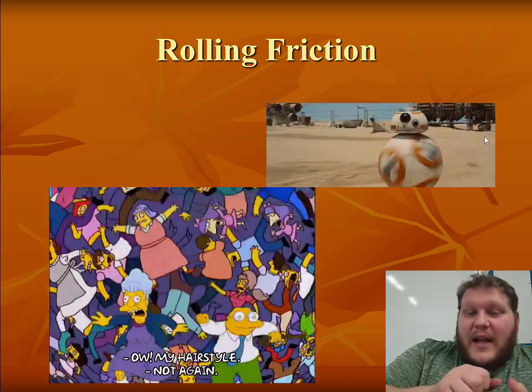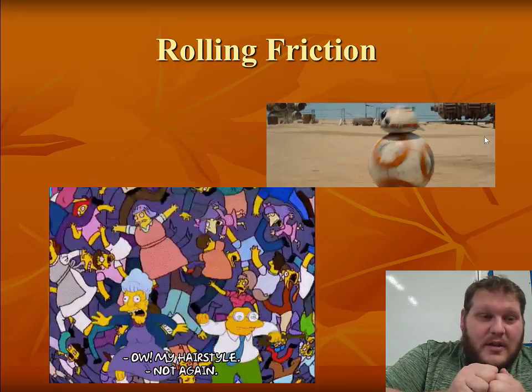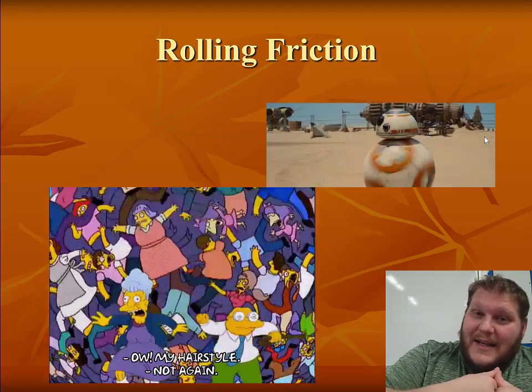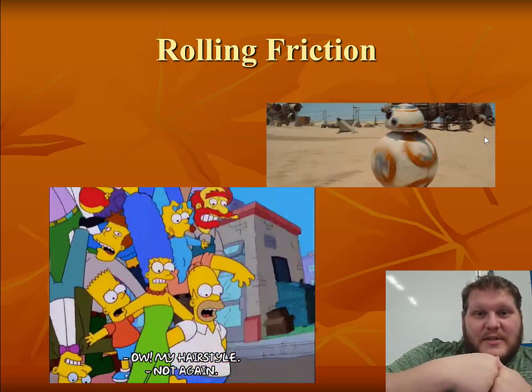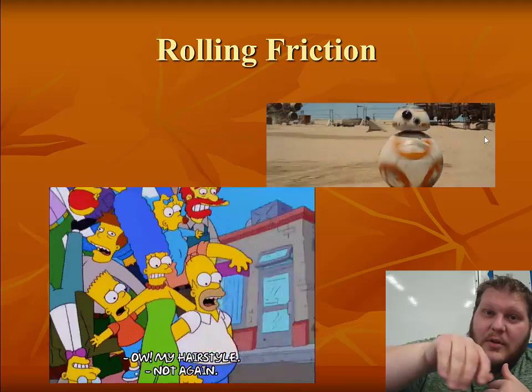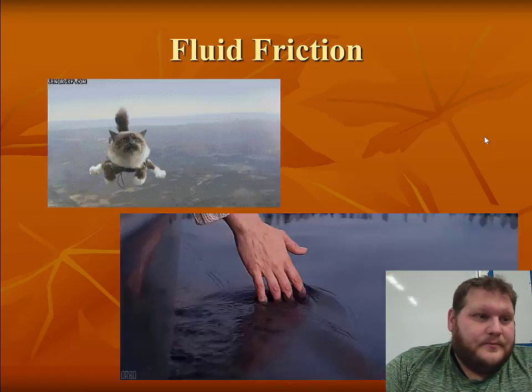But there is still a little bit of that attraction for those atoms to want to stay together, especially if they have any kind of opposite charges, to want to stay in contact with each other. So there's a little bit of resistance as the object meets that point on the ground, and as it starts to pull away, there's a little bit of resistance there that wants to stop it from rolling.